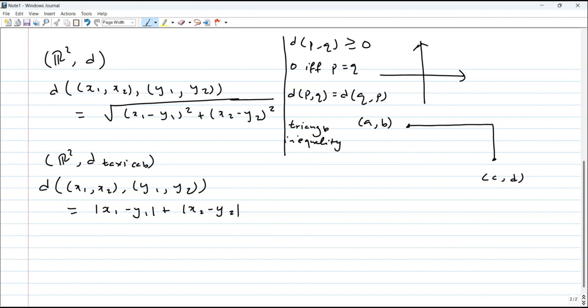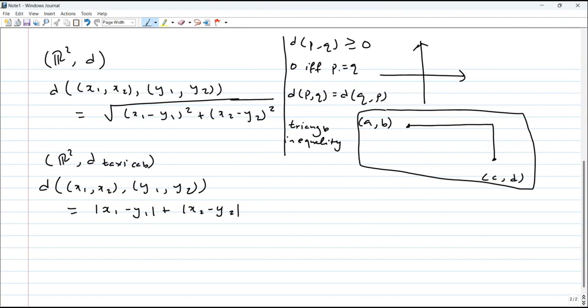So are these three properties satisfied for R2 with the taxi cab distance? If we define the distance between any 2 points to be this taxi cab distance, are these three satisfied?